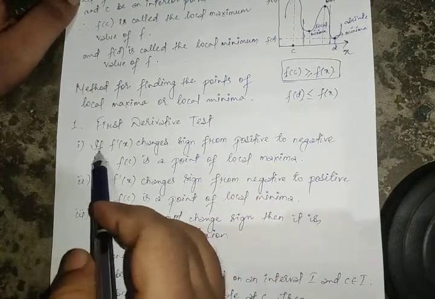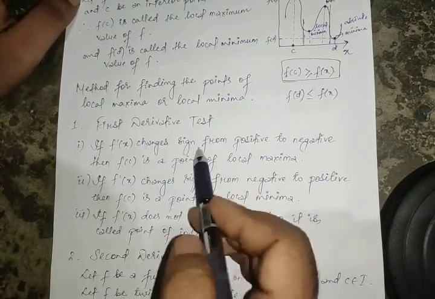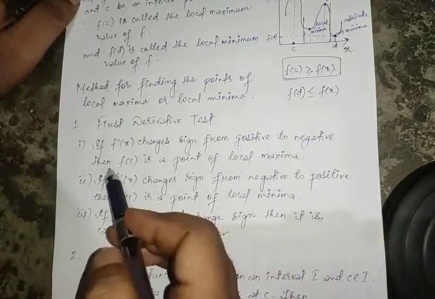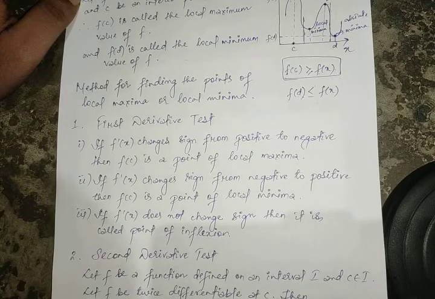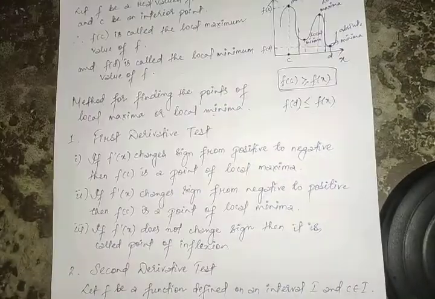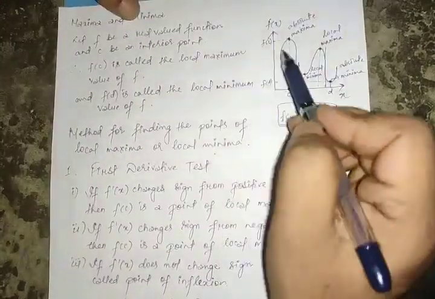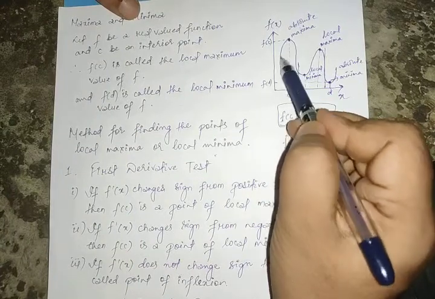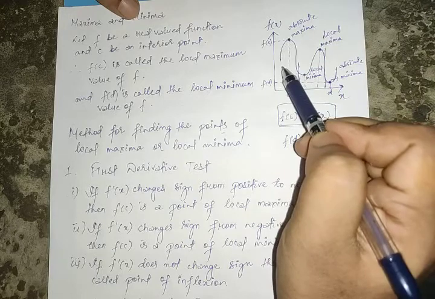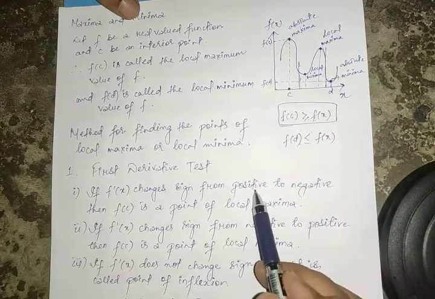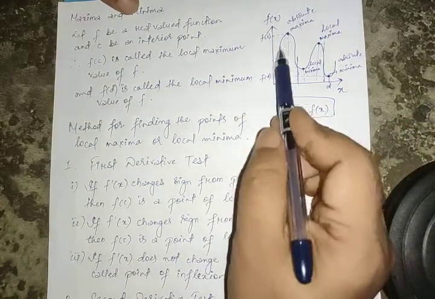So what does it say? If f dash x changes sign from positive to negative, then f of c is a point of local maxima. That means here, see, this curve is increasing, so the sign is negative to positive.